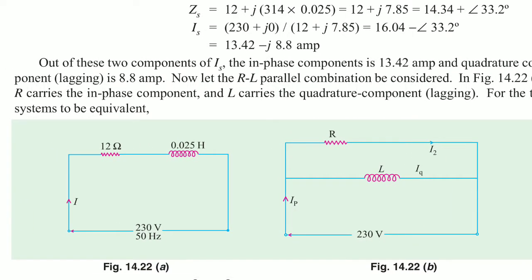So R carries the in-phase component and L carries the quadrature component, that is lagging.